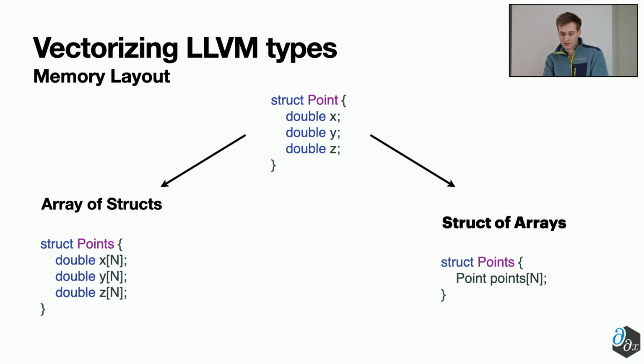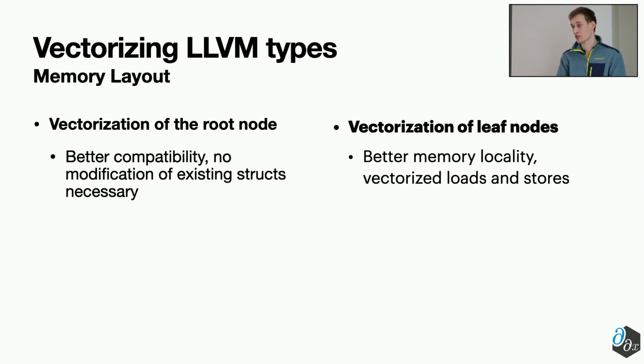But that rarely happens. So those two ways of vectorizing the data types translate to what we call in Enzyme vectorization of the root node, which is array of structs, and vectorization of leaf nodes, which relates to struct of arrays.